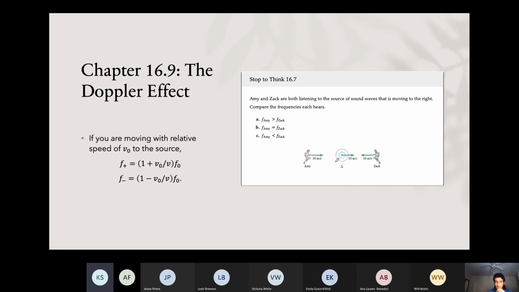So that means the frequency received by Amy is less. So, let's say f of Amy will actually be less than f of source. What about Zach? Zach is going towards this source, and the source is going towards Zach.